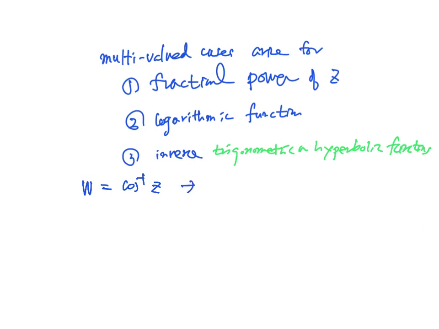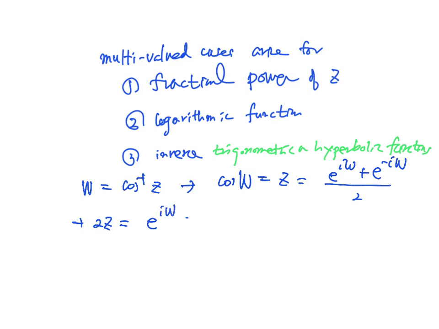This means cosine w is z, right? That is exponential iw plus exponential minus iw over 2 equals z, same as exponential iw plus 1 over exponential iw.